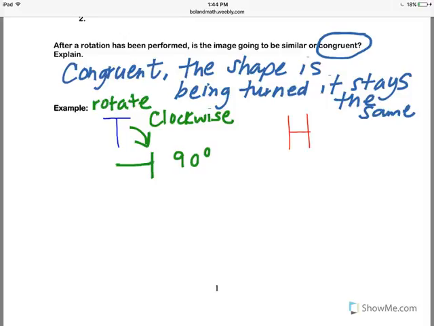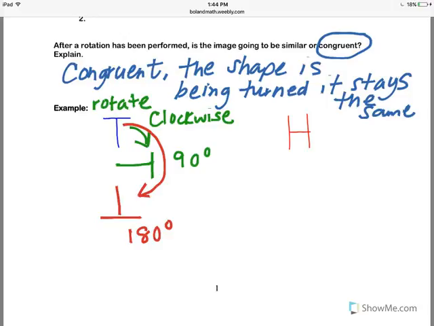If we took the blue T from its original position and rotated it 180 degrees, it would now be in this position. And if you notice, it also kind of looks like it's being reflected.